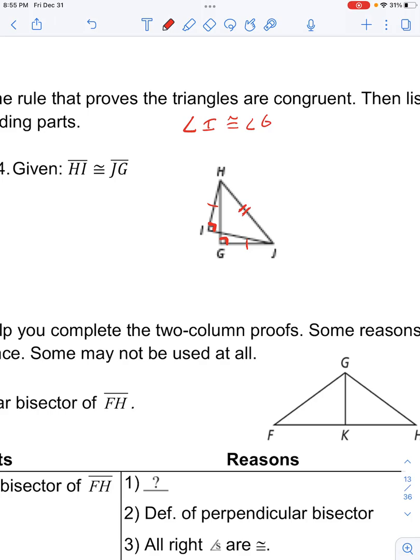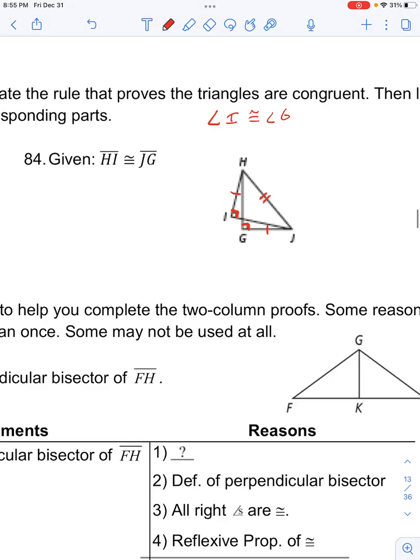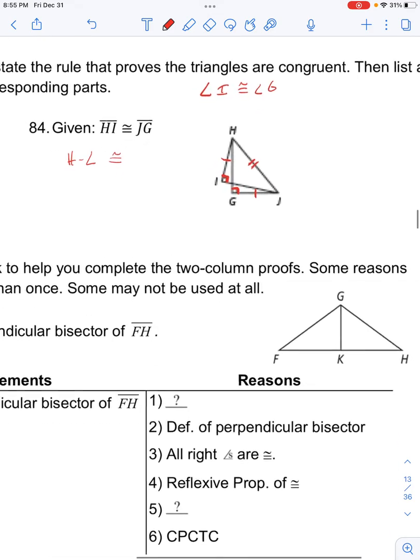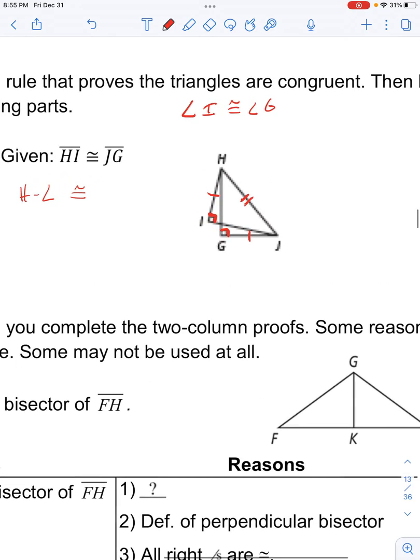And also we have a pair of congruent legs. And so by the Hypotenuse Leg Theorem, we would have that these two triangles are congruent by hypotenuse leg congruence.